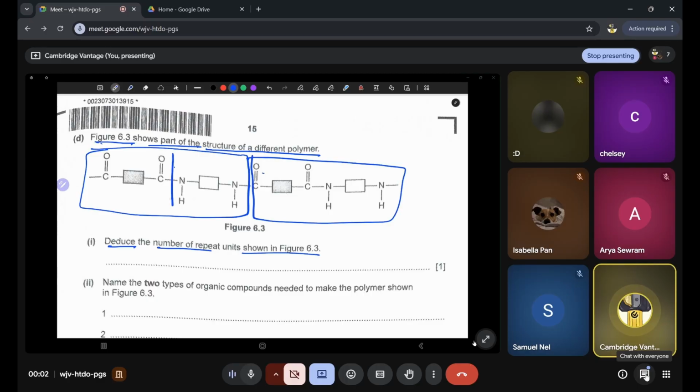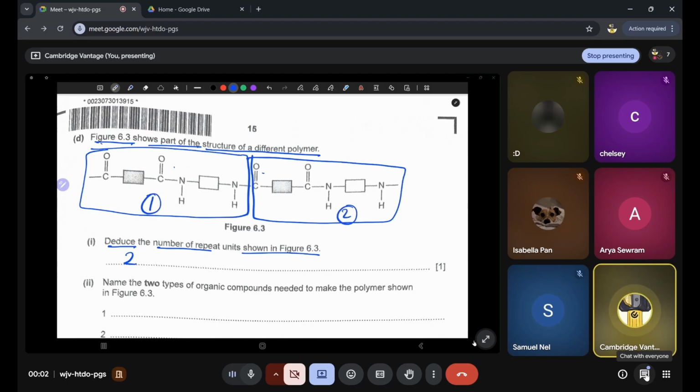So even though we had 1, 2, 3, and 4 monomers, the number of repeat units is going to be 2. 1 for this one, 2 for this one.